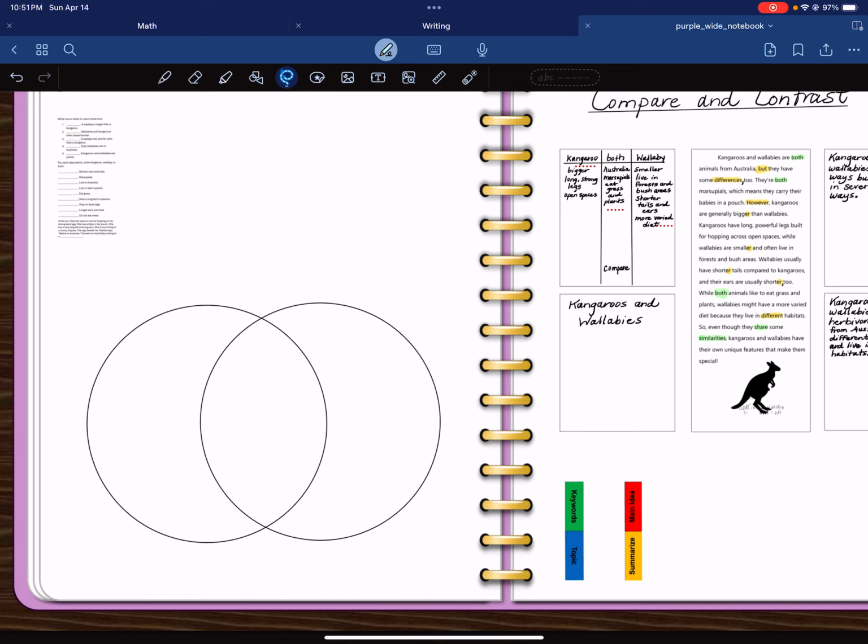This is called a Venn diagram. And sometimes you'll see these on a test where you have to read them, rather than draw them. You have to be able to understand them.